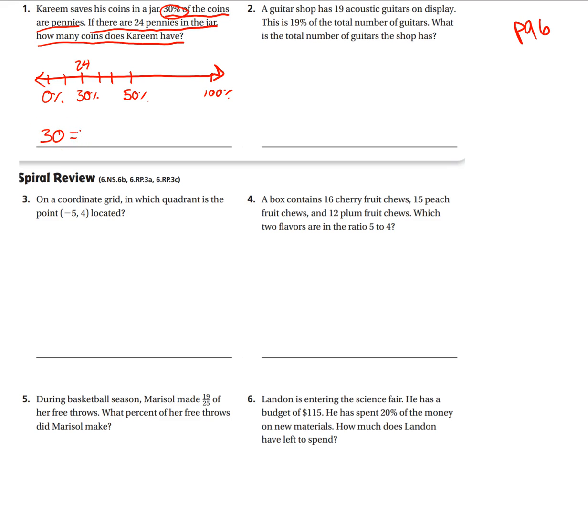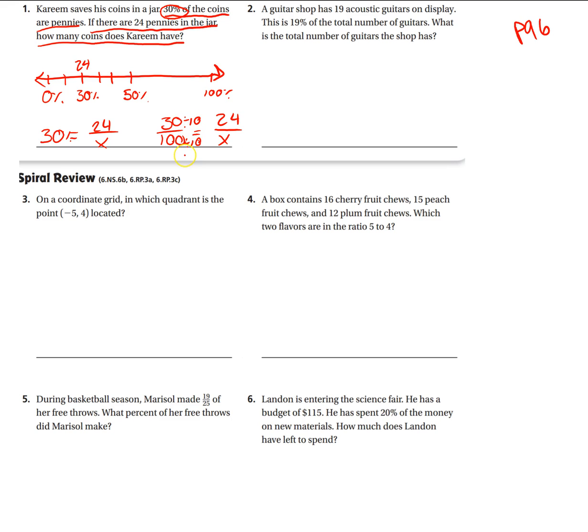30% equals 24 over x. Change it to a ratio. Simplify. Let's see, 10 can go into both of these, I know. 10, that would bring us down to 3 over 10. Yeah, that'll work.